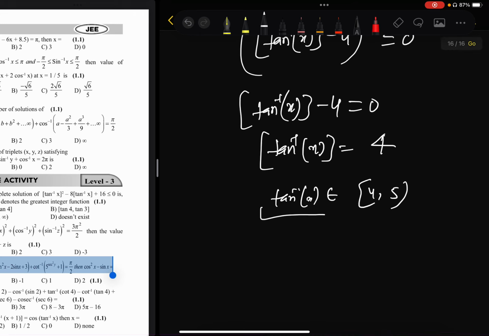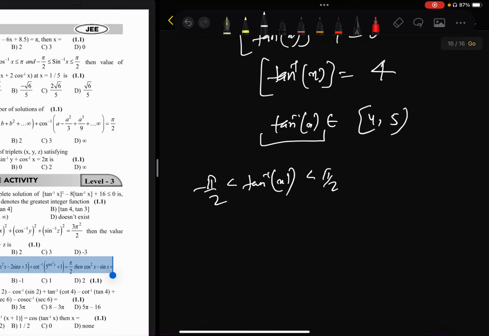But as you know, tan inverse x lies between minus pi by 2 and pi by 2, not included. Pi by 2 is 1.57, and here 4 is written, 4 to 5, so there is no value of x, right?